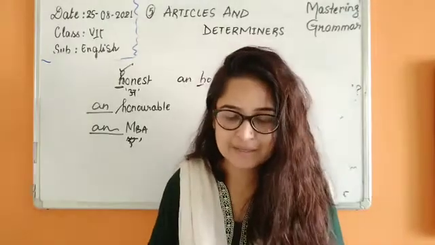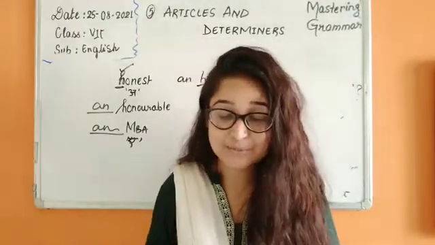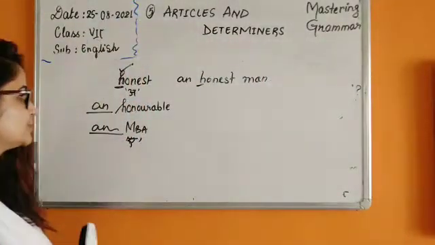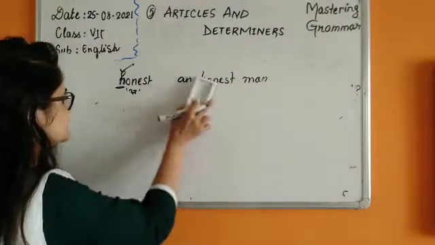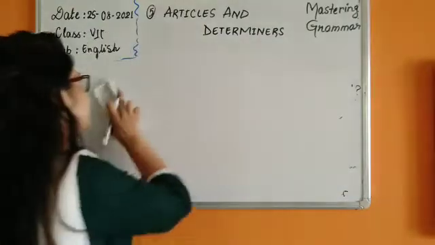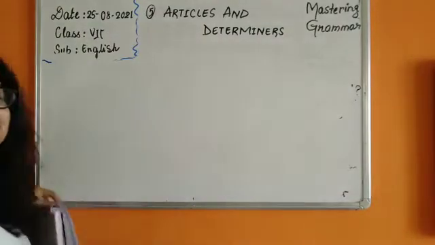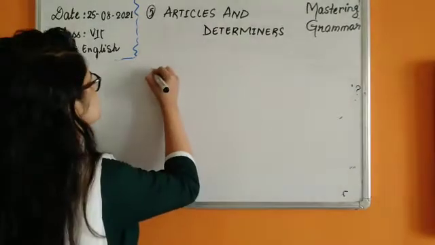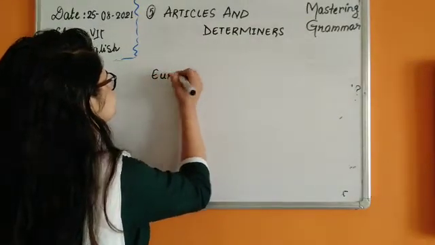Now some words begin with vowels when written but begin with a consonant sound when spoken. Children, I was talking about this only. Let's look at some words which begin with a vowel letter but produce a consonant sound. See this word, European.